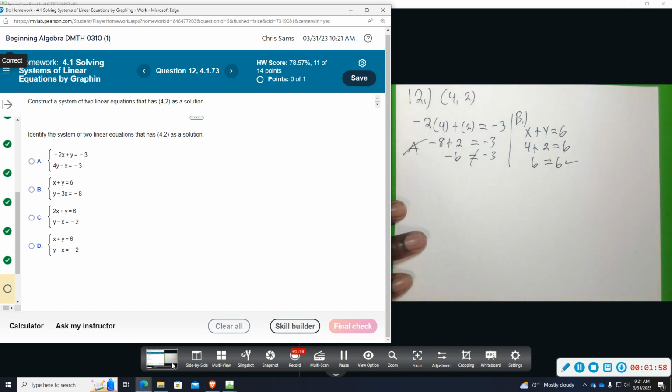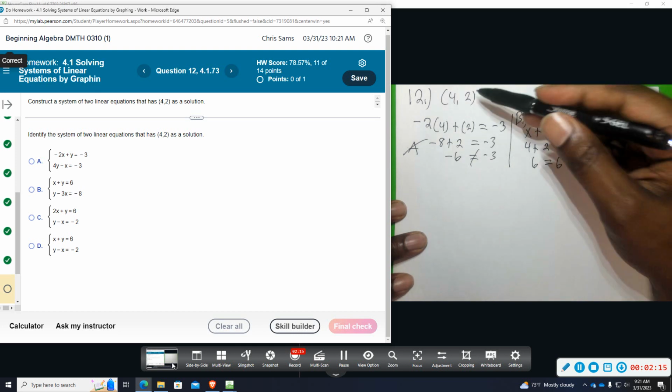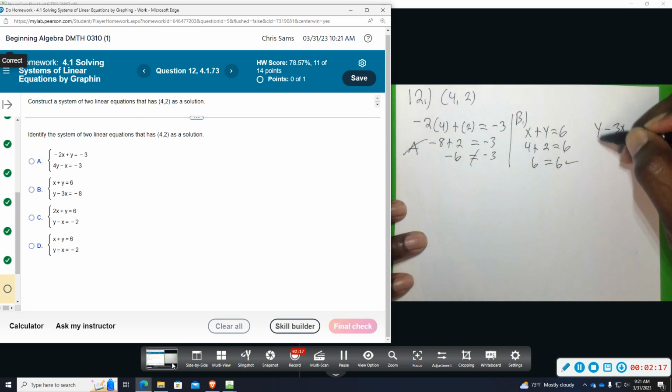All right, so now I'm going to try the second equation for part B, which is y minus 3x equals negative 8. All right, so y is 2, so I'm going to plug a 2 here, minus 3 times 4.